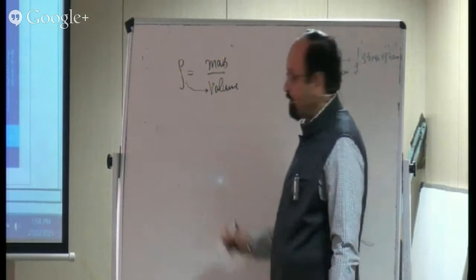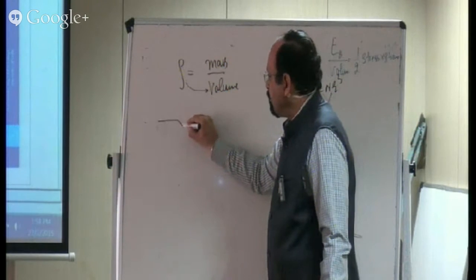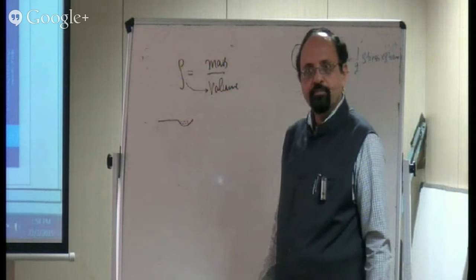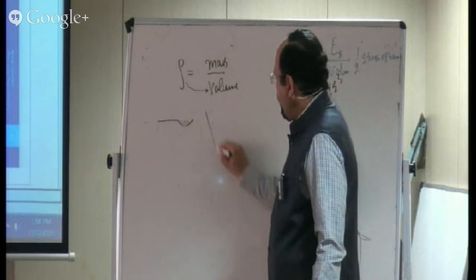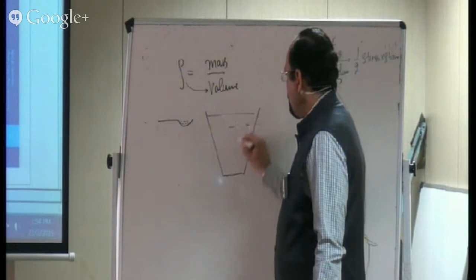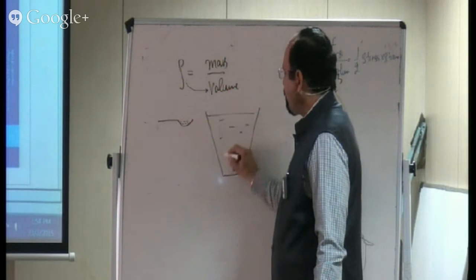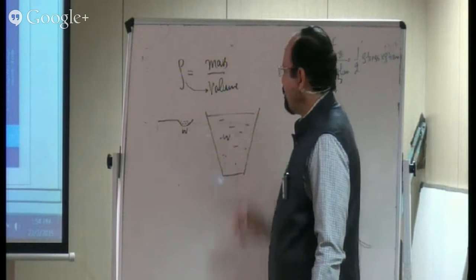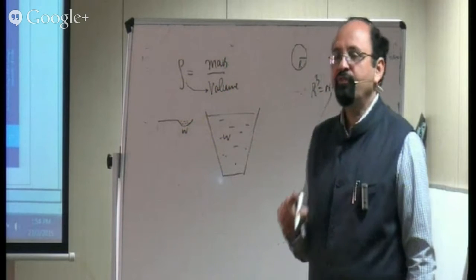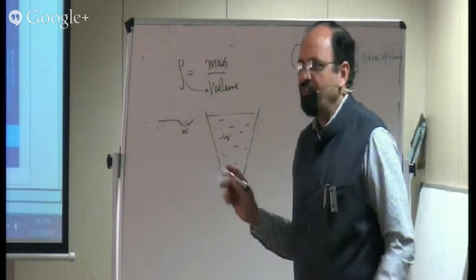Check. Suppose I have a spoon having water in it, or any liquid in it, and I have a bucket filled with water again. Both are water, right? In which case is the volume more? Obviously the bucket.